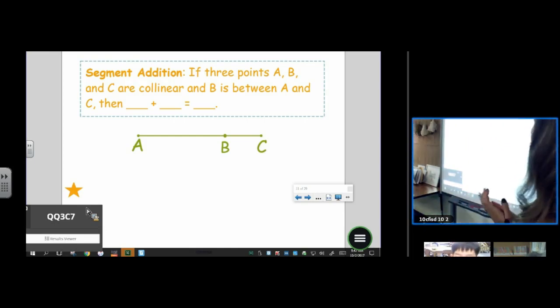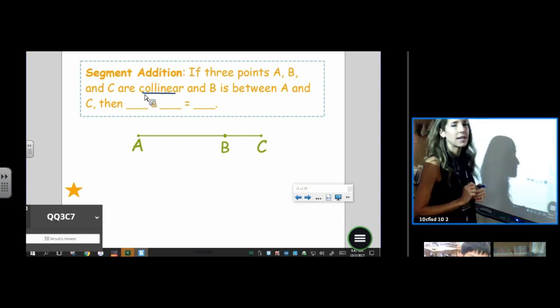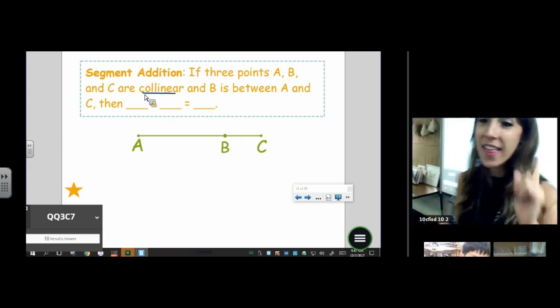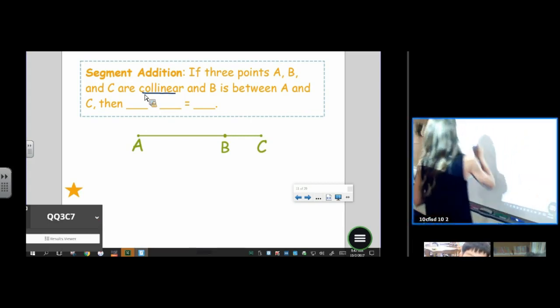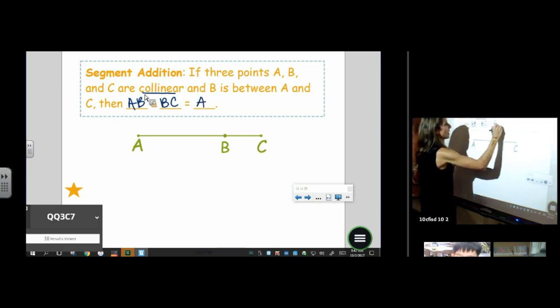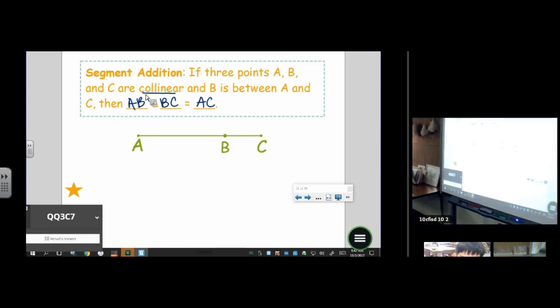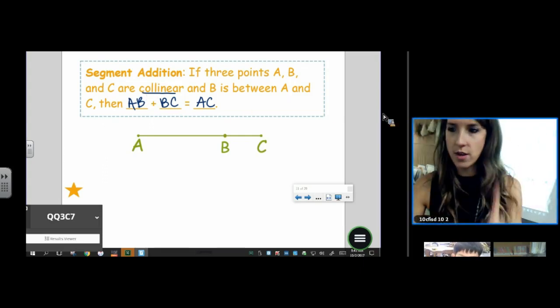If 3 points, A, B, and C, are collinear, and B is between A and C, then what you just said, AB plus BC equals AC. That's called the segment addition postulate. Write it down in your notes.